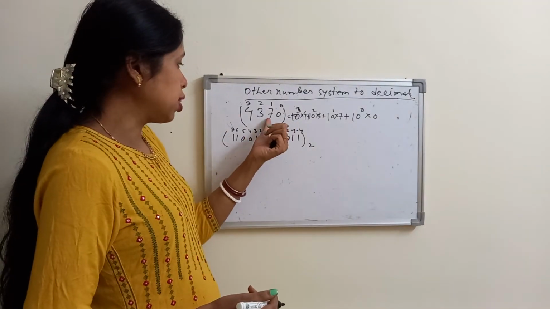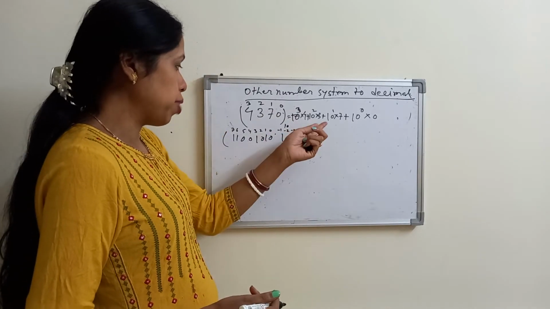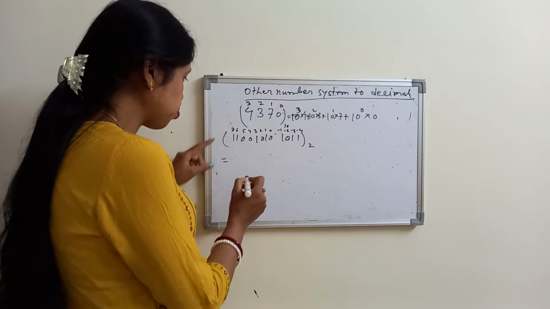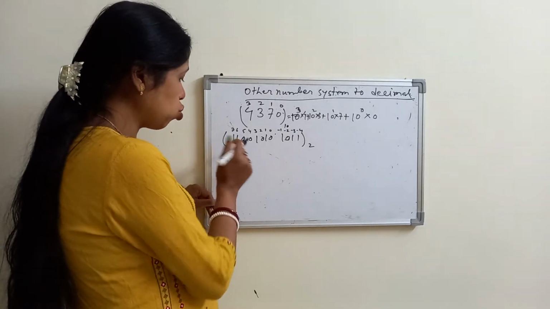Now, if you compare this with the decimal to decimal conversion, this is how it takes place. First I write base to the power position into coefficient.